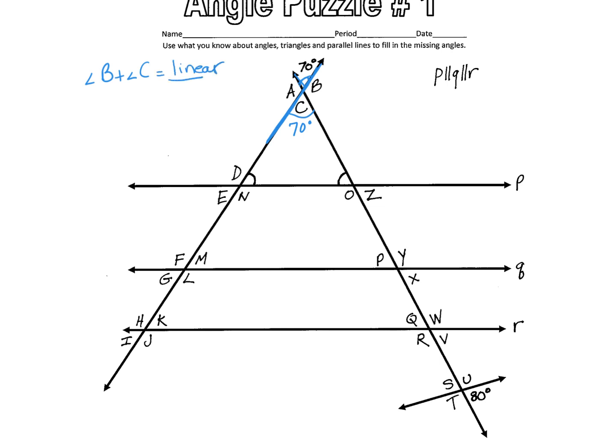They form a line, and therefore add to 180 degrees. So I can find the measure of angle B by doing 180 minus 70, and I'll get 110. And because I already know that vertical angles are congruent, angle A is also 110.